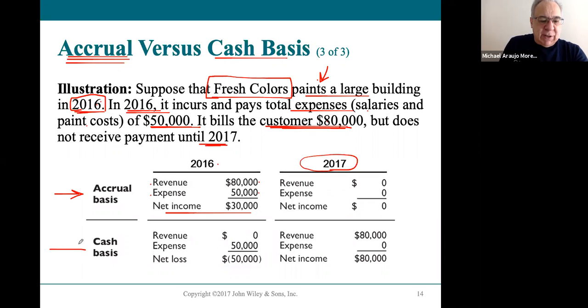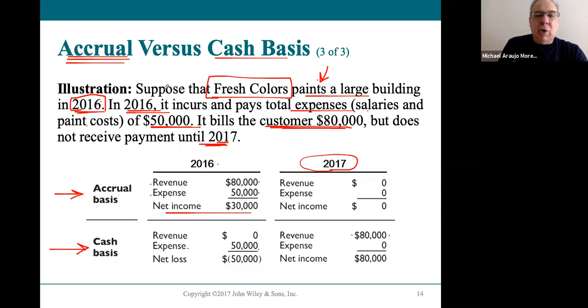However, if a business uses the cash basis, they're only marking things down when the cash is paid or received. So clearly in 2016, they paid all those expenses, and so they recognize the expenses in 2016, but they don't recognize any revenue. In 2017, they got paid that $80,000 for painting the building. That's when they recognized the revenue.